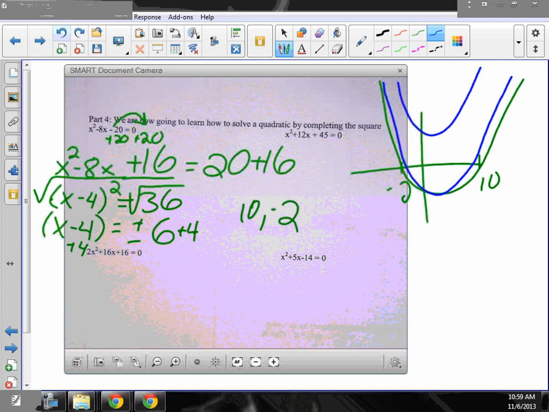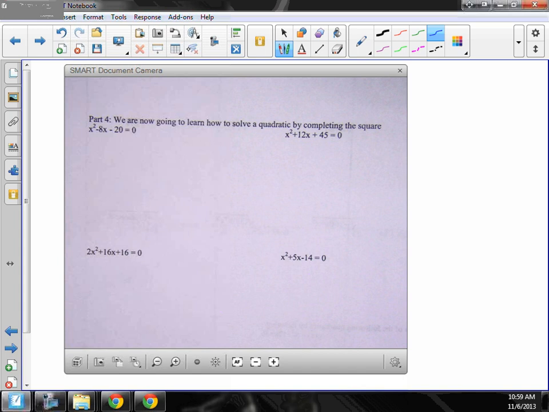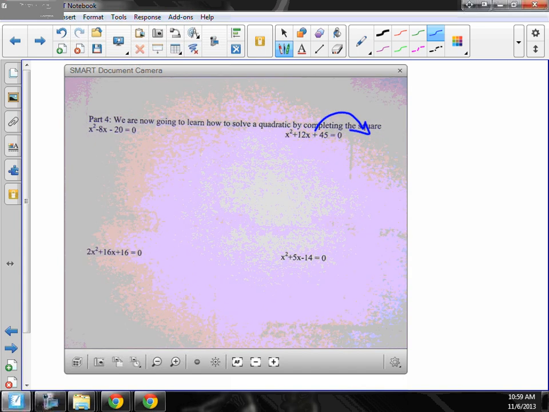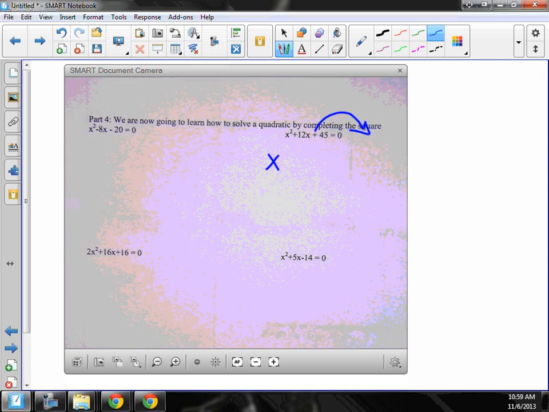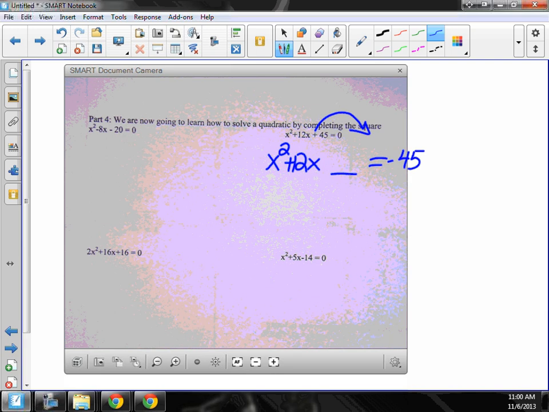For instance, look at the second one. So my first step, move the 45 to the other side, and then rewrite. So x squared plus 12x, I'm going to leave a blank, equals -45. Okay?